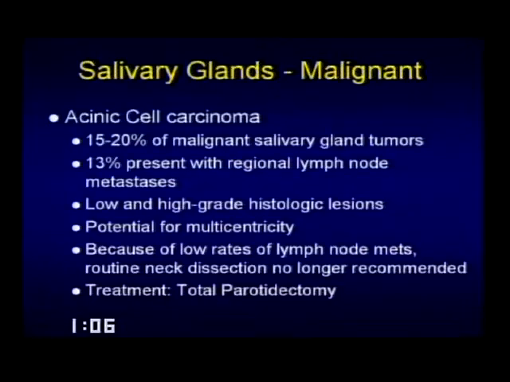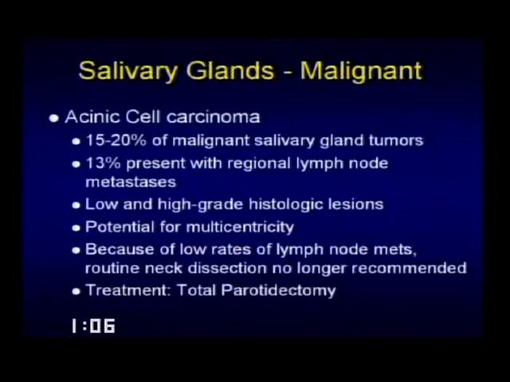I do want to mention a third cancer that I did not put on a slide, which is the most common cancer in the submandibular glands, and that is the adenoid cystic carcinoma. It is not as common in the parotid as it is in the submandibular glands, but this tends to be a more aggressive tumor and is classified as a high-grade tumor.